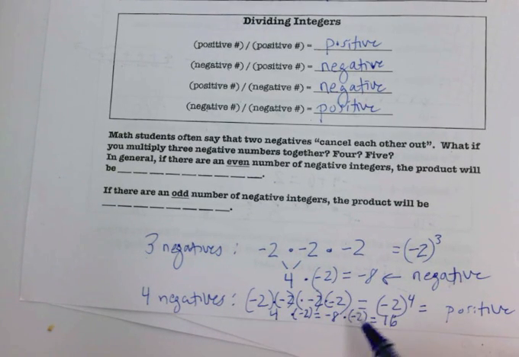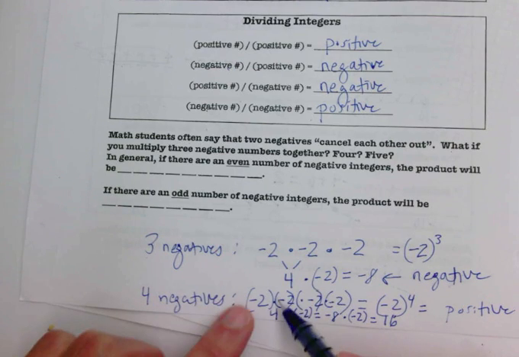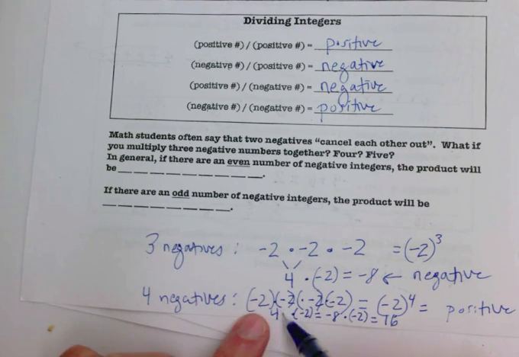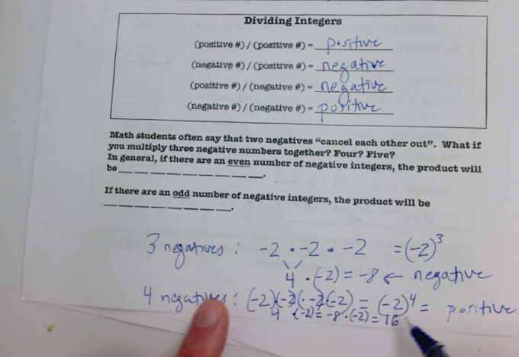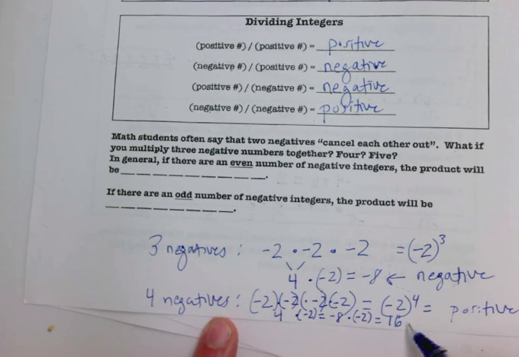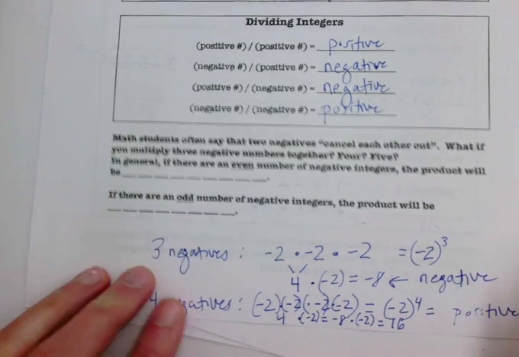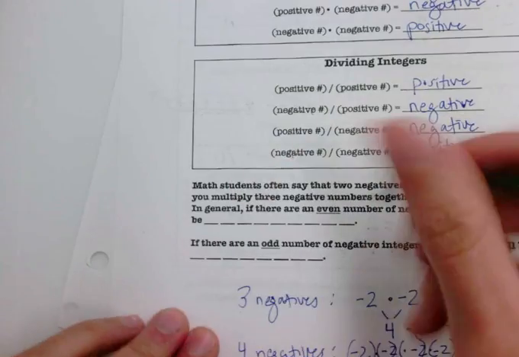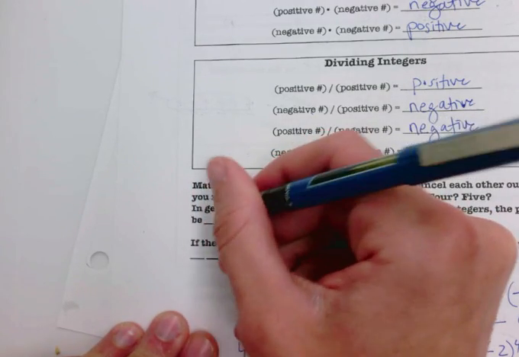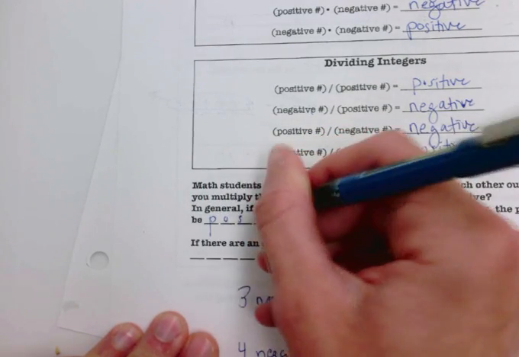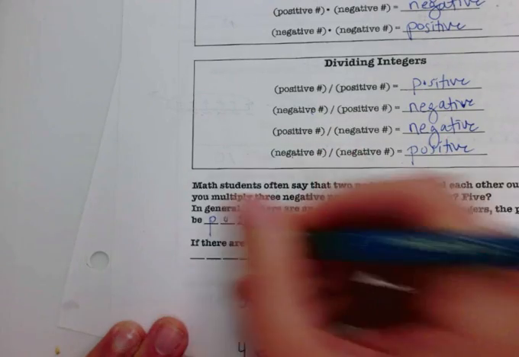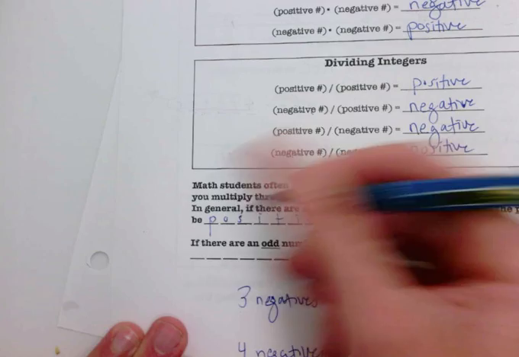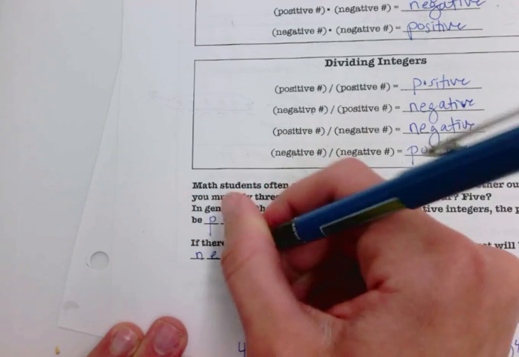And if you have an even number, then every time the sign is going to alternate when you multiply by a negative number, but in the end, the even ones should create a positive result. So in general, if there are an even number of negative integers, the product will be positive. And if there are an odd number of negative integers, the product will be negative.